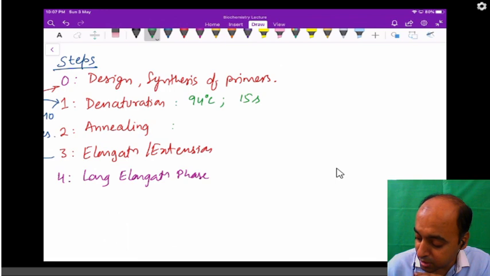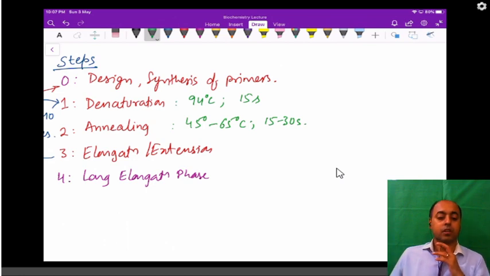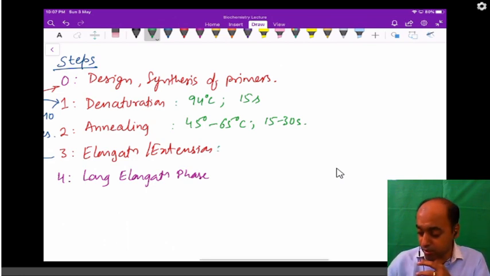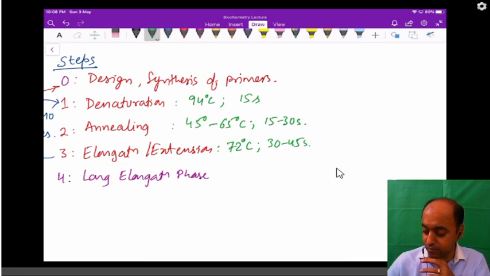Time frame may be the same. Annealing occurs in the range of 45 to 65 degrees Celsius. Time required 15 to 30 seconds. The elongation or extension for the Taq polymerase is carried out at 72 degrees Celsius. It requires 30 to 45 seconds.